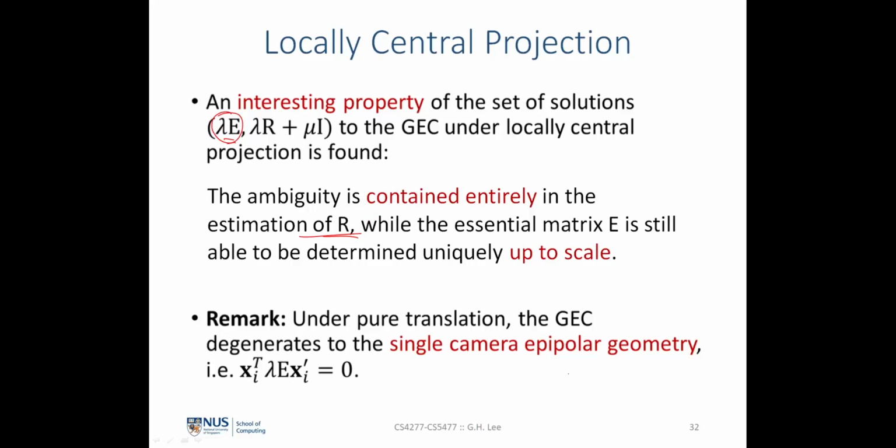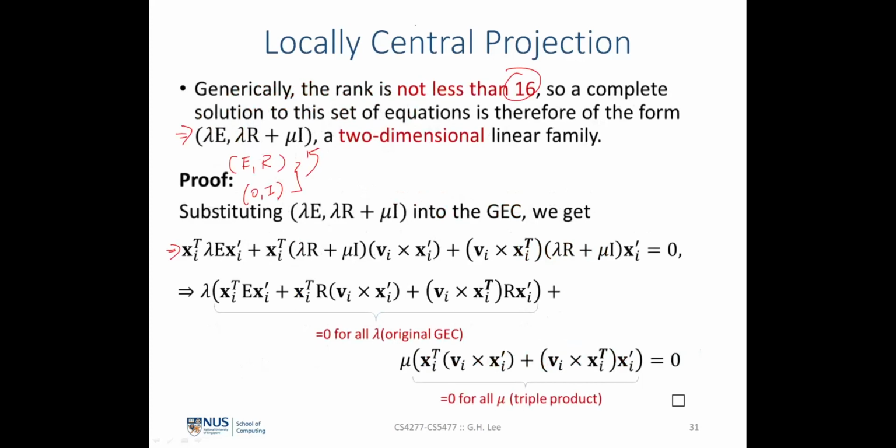It's also interesting to see that under this particular configuration, the locally central projection camera, under pure translation, this means that if the rotation becomes identity, this whole term would become a triple product, because this would be lambda multiplied by identity. We can split this up into two terms of identity, which means that we will get this twice.